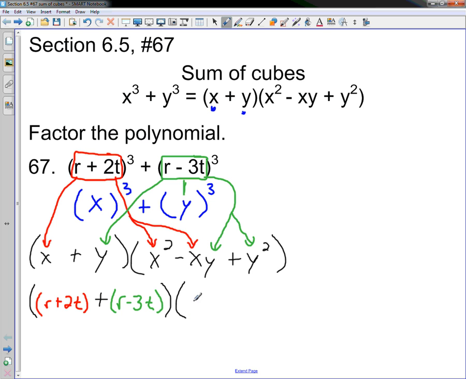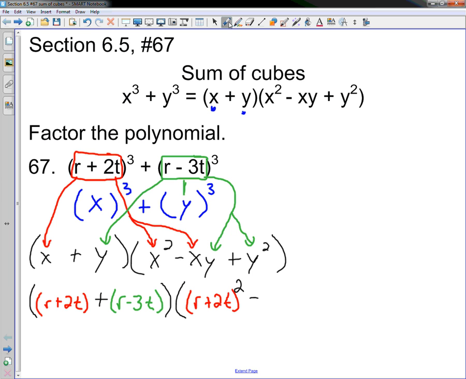So we have x squared. Well, x was r plus 2t. So we have r plus 2t, and it's squared. So I need to have a square up here.